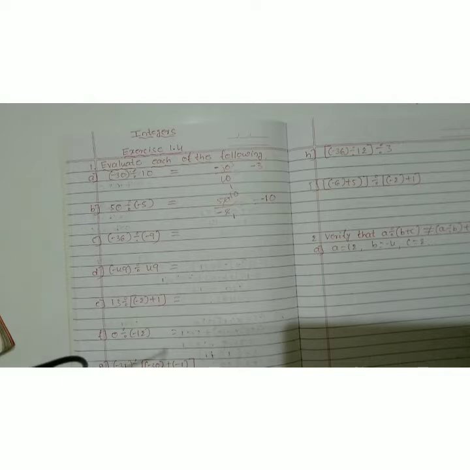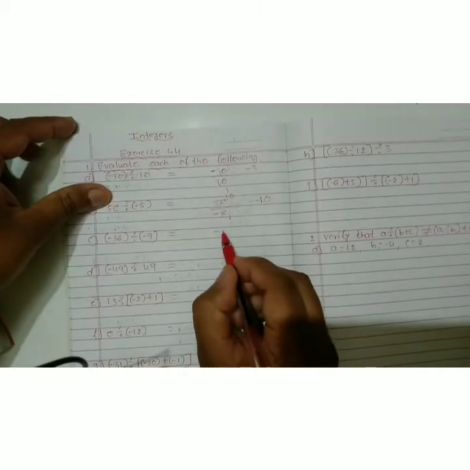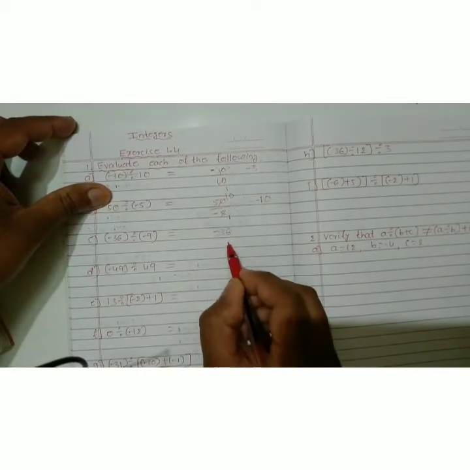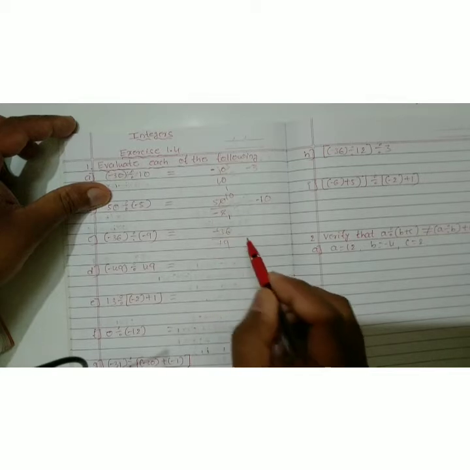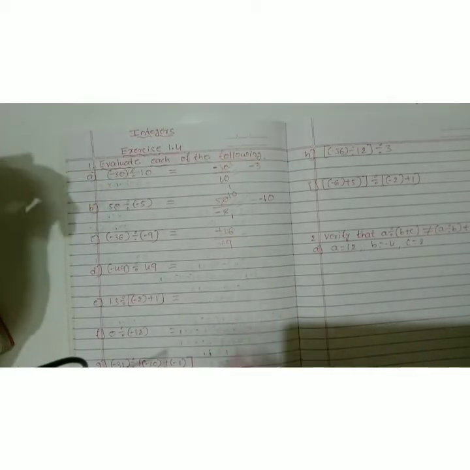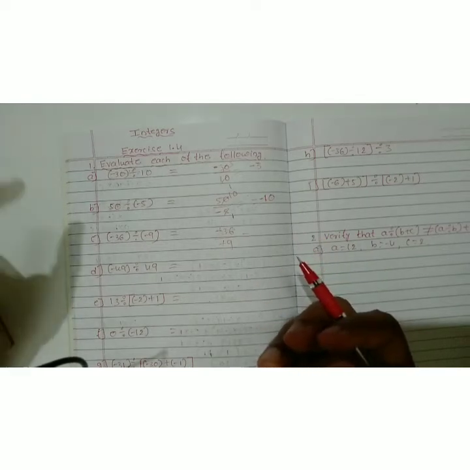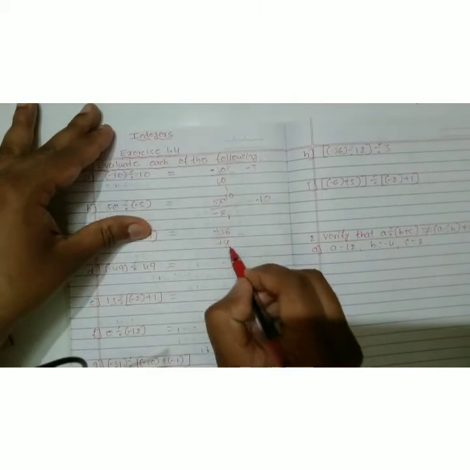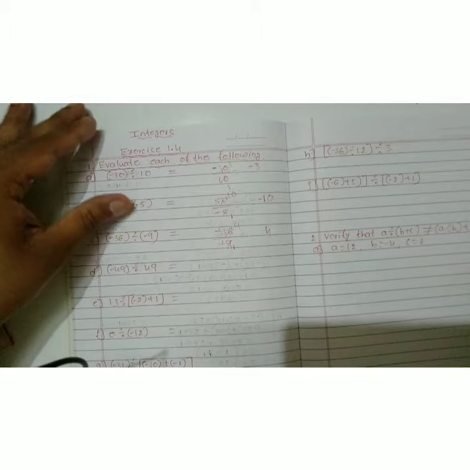There are negative integers in both numbers, and minus into minus we can simply say is a plus. 9 ones are 9, 9 fours are 36, so the answer is simply 4 or plus 4.